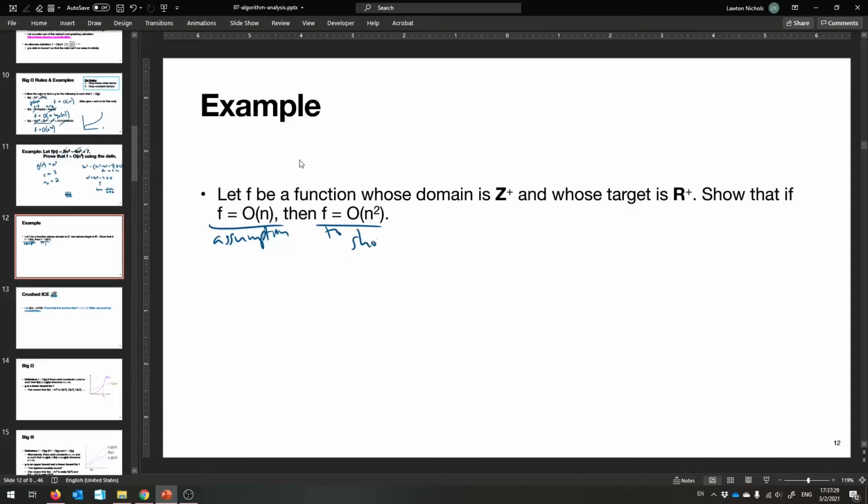To show, okay, proof. Let's do it real this time. Let f be O of n.